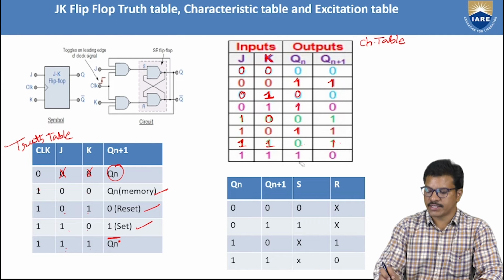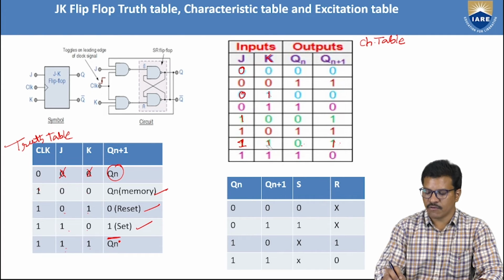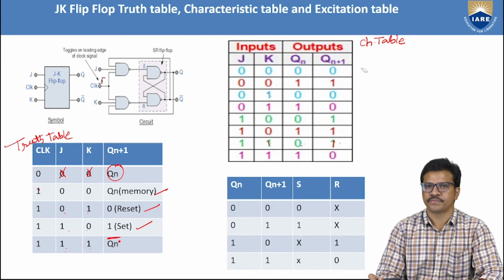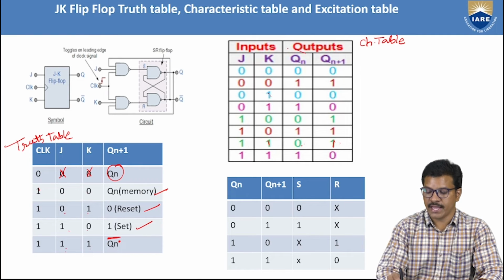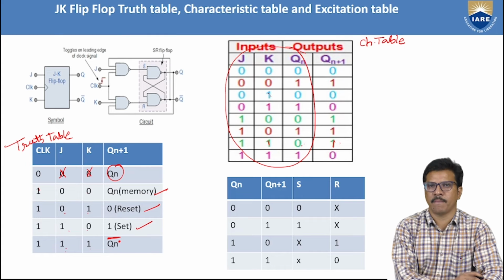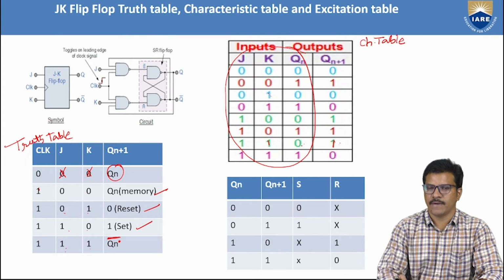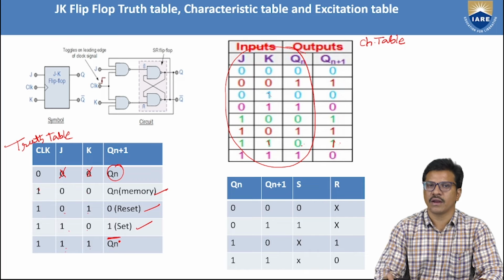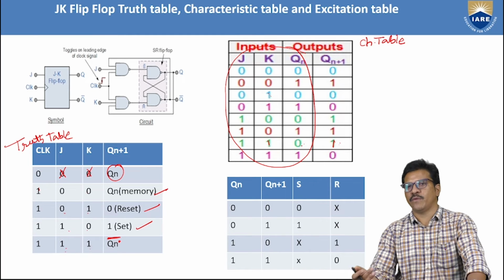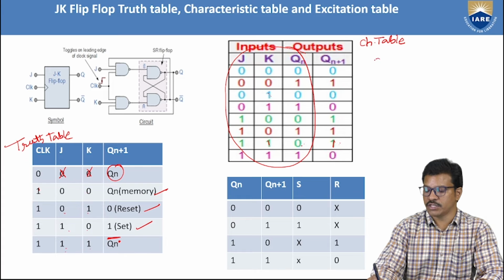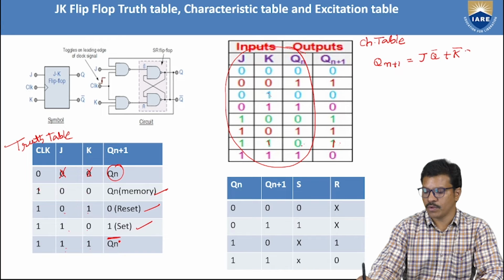With the help of the characteristic table, we will get the characteristic equation for Qn plus 1 by taking a three-variable K-map. The required input variables are J, K and present state. So with a 3-variable K-map, you will get the equation: Qn plus 1 is equal to J Q bar plus K bar Q, where Q can also be called Qn.